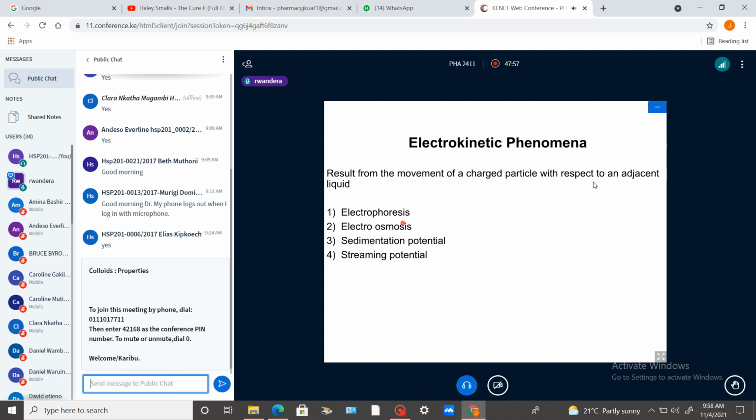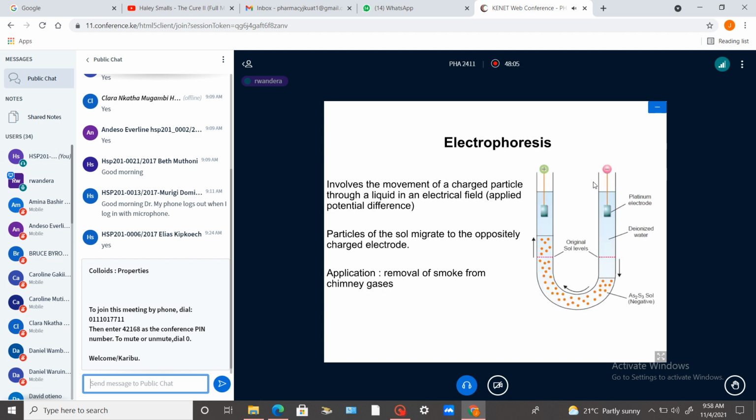I believe you'll all have come across electrophoresis somewhere in your chemistry, so it should not be a new phenomenon. So what happens in electrophoresis? Electrophoresis simply involves the movement of charged colloidal particles through a liquid under an applied potential difference.